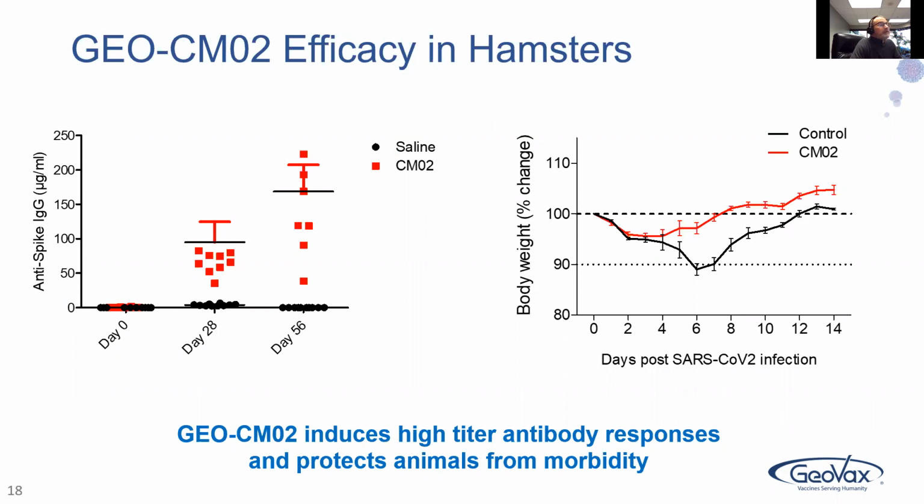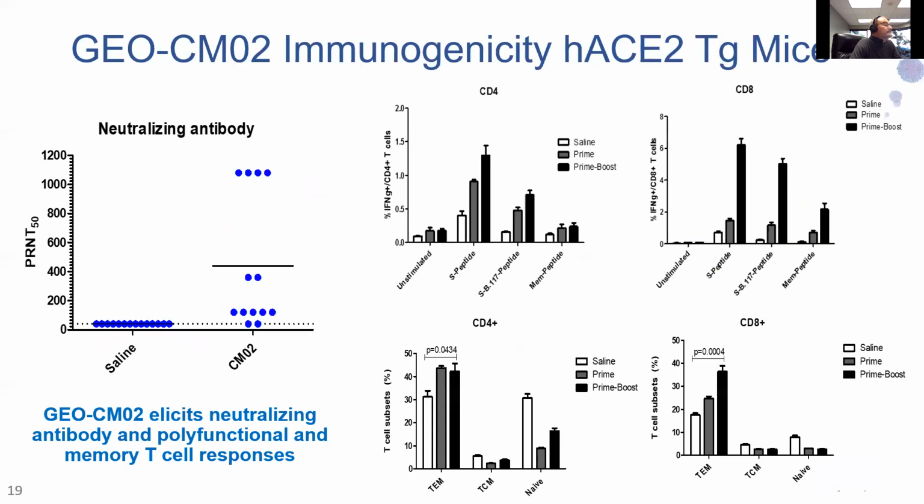On the right side, we're showing that these immune responses are in fact capable of mediating protection. This is a weight loss and recovery graph of vaccinated and unvaccinated animals following an infection with SARS-CoV-2. So the types of responses that are induced do in fact protect animals from severe disease.